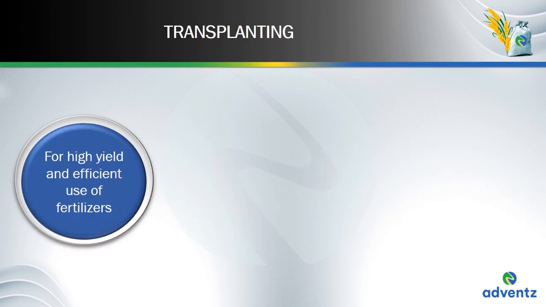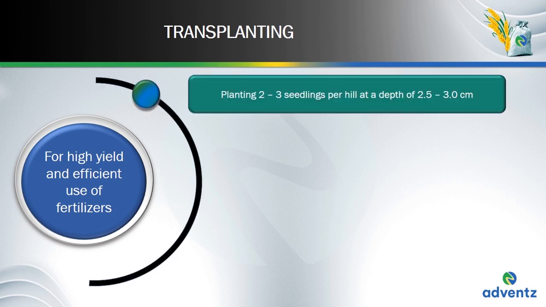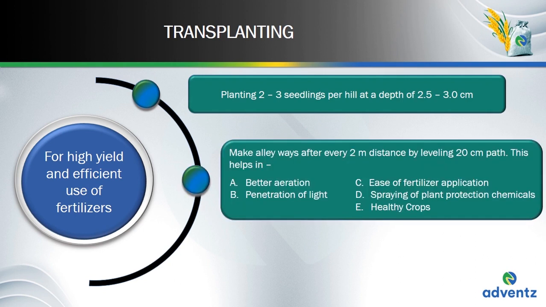For getting a high yield and an increased use efficiency of applied fertilizers, optimum plant density should be maintained. This includes planting 2 or 3 seedlings per hill at a depth of 2.5 to 3 centimeter. We need to make alleyways after every 2 meter distance by leaving a 20 centimeter patch.